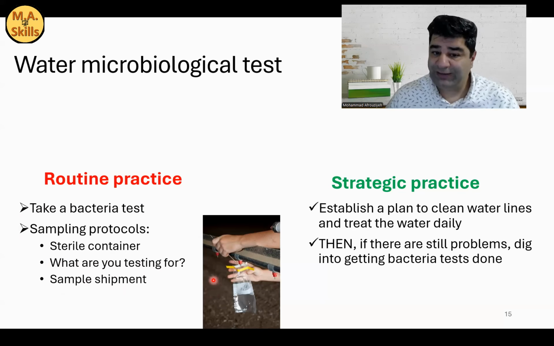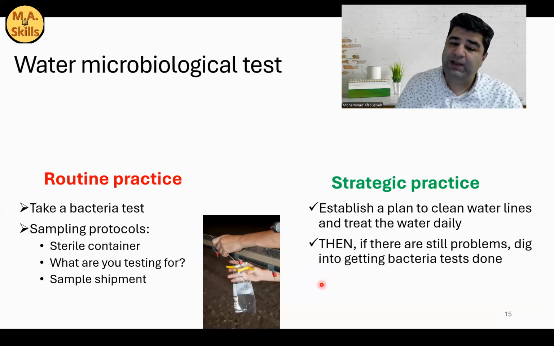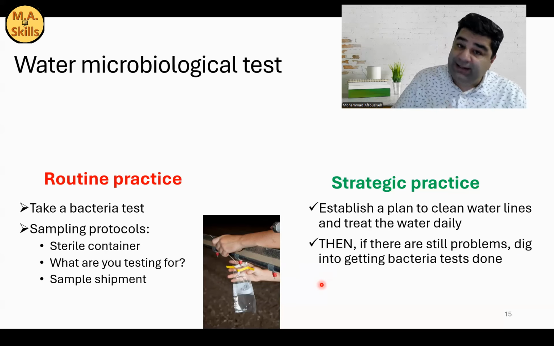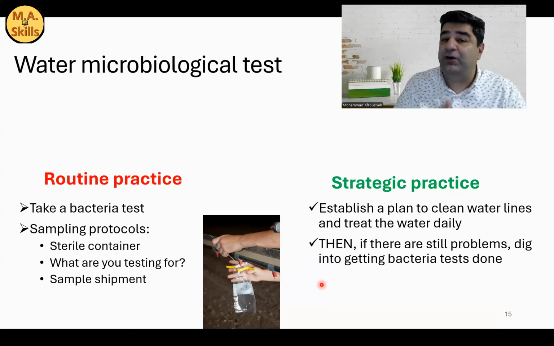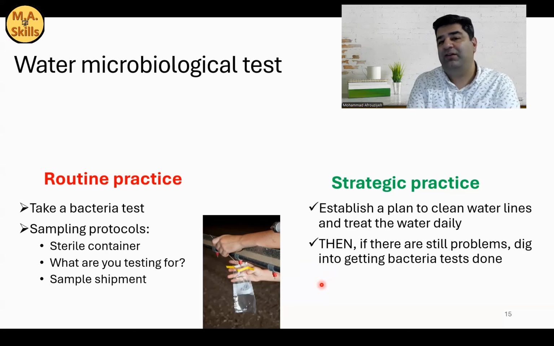But strategic practice is to establish a plan to clean water lines and treat the water daily with your disinfectant. Then, if there are still problems, dig into getting a bacteria test done.